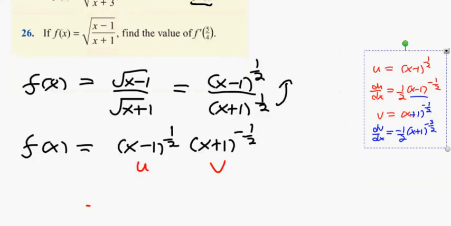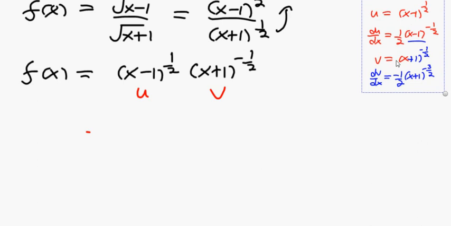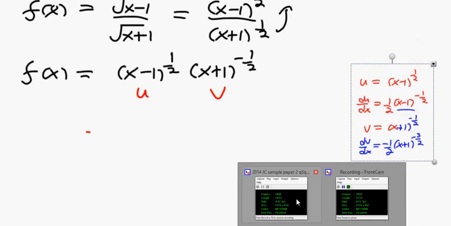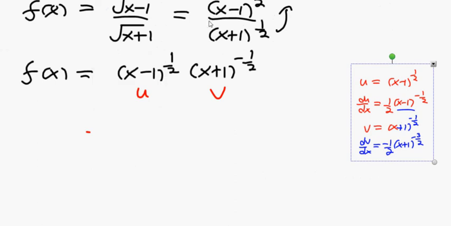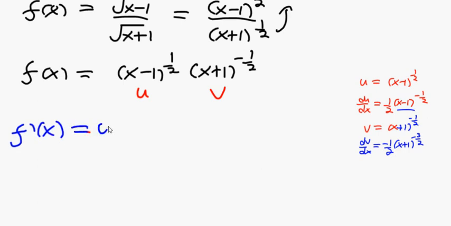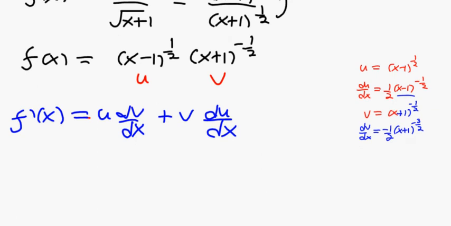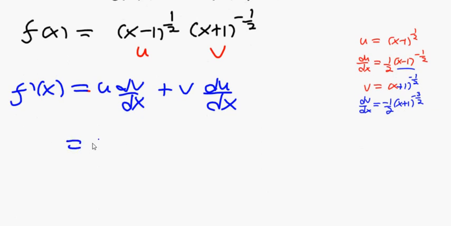Okay, so guys, the card here, okay. What we're saying is this is U and V. Now we're going to write down the product rule. The product rule being U times the dV dx plus V times the dU dx, all nothing else, okay? So U is x minus 1 to the power of a half.